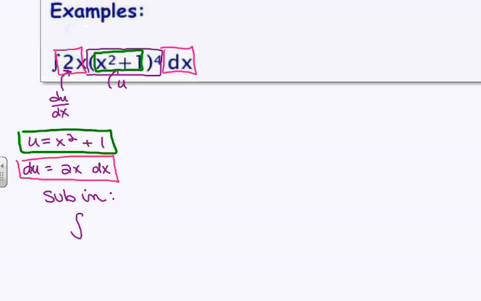So rewriting our integral, we're going to write this as u raised to the fourth power times du, where u was equal to x squared plus 1 and du is equal to 2x dx. I have not changed my problem at all. All I have done is rewritten it in terms of new variables u and du.